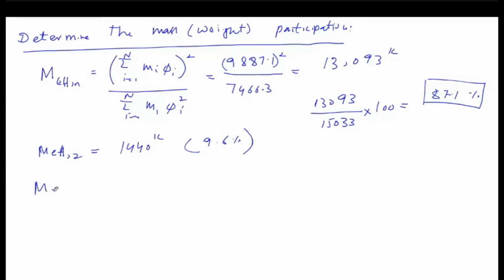In the M effective for the third mode is 366 kip, and it is contributing 2.4% to the total response.